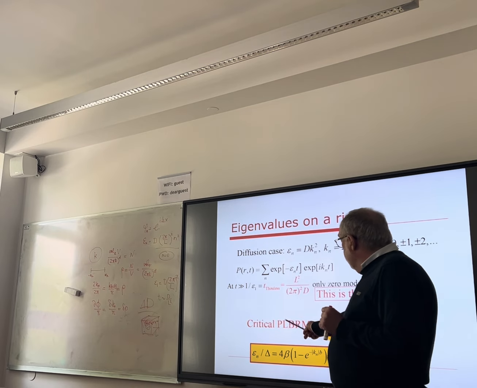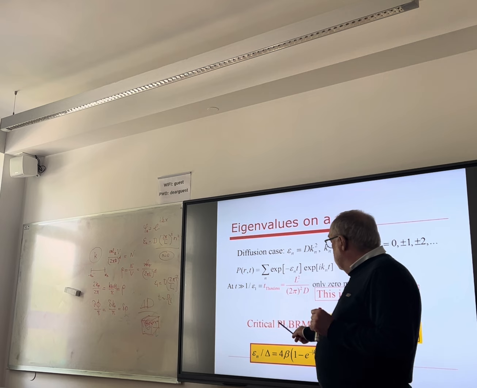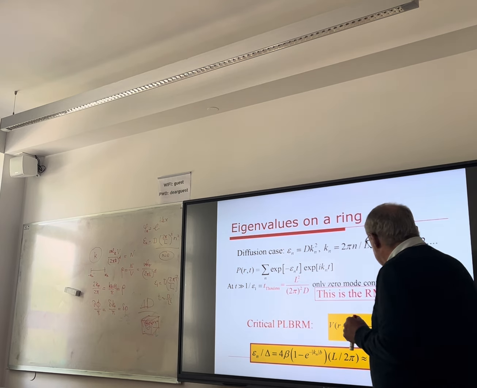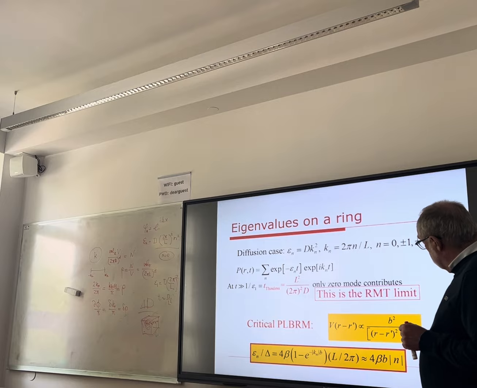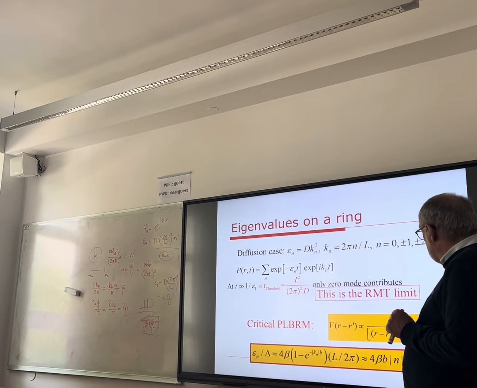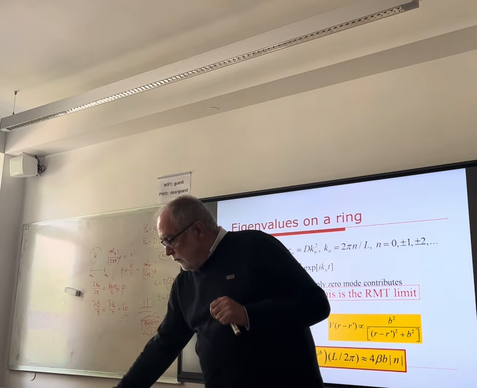You have a particular power-law banded random matrix which is called critical, when the variance of the hopping behaves in this way: at large distances it is 1 over (r minus r prime) squared and not some other power. Then you can solve this problem.